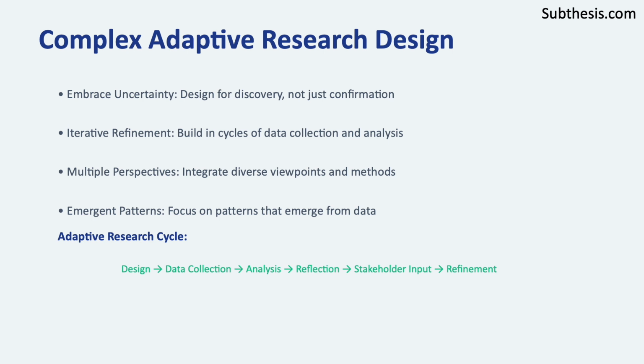Fourth, focus on emergent patterns that arise from the data rather than imposing predetermined structures. These principles work together in an adaptive research cycle, moving through design, data collection, analysis, reflection, stakeholder input, and refinement phases.